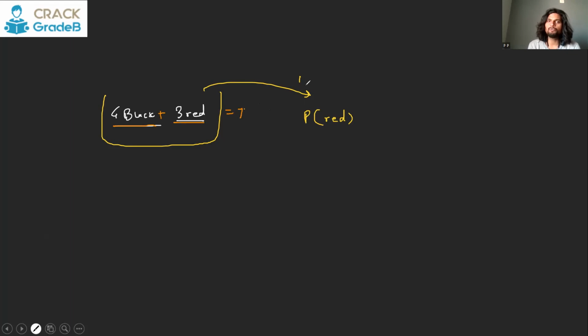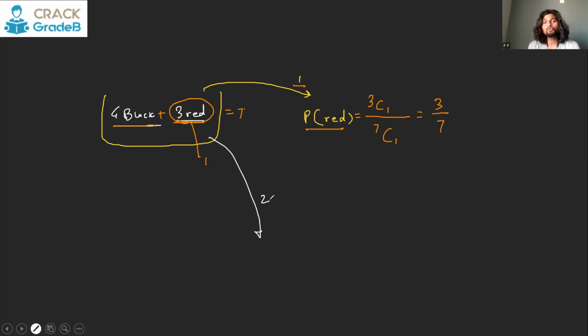Out of 7, if you are drawing one, the total cases are going to be 7C1. If you want red, the favorable cases are that you select 1 out of these 3, so 3C1. 3C1 is 3, 7C1 is 7. So the answer here is going to be 3/7.